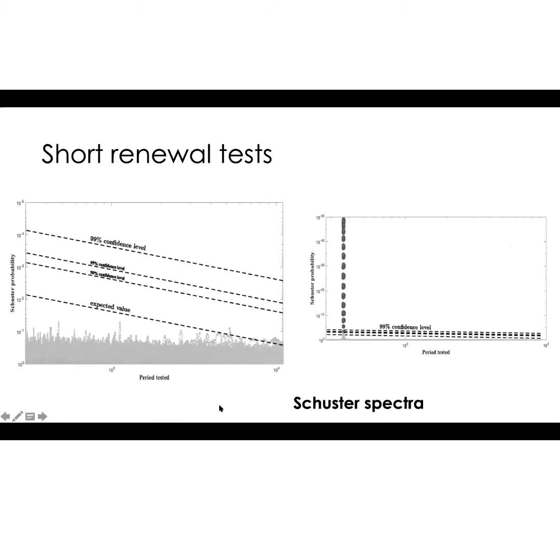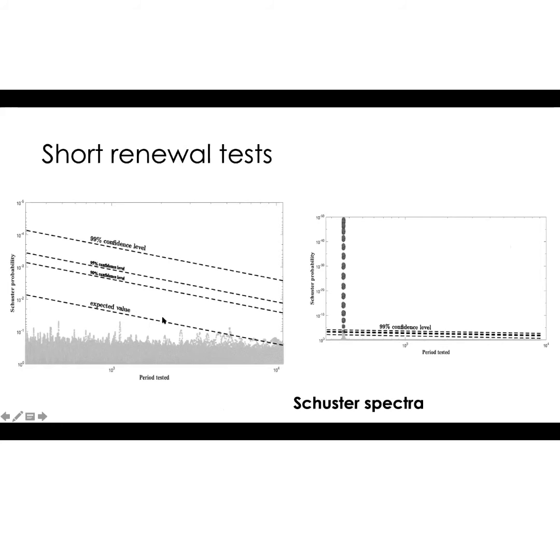So just to show you a little bit more about these methods. The Schuster spectra calculate the inter-event interval, so the time between events of every single pair of events in the whole catalog, and then they compare the distribution of those inter-event times against a Monte Carlo suite of random walk synthetic catalogs.